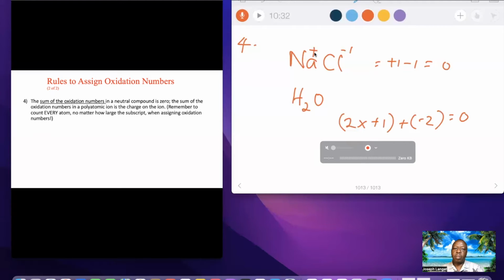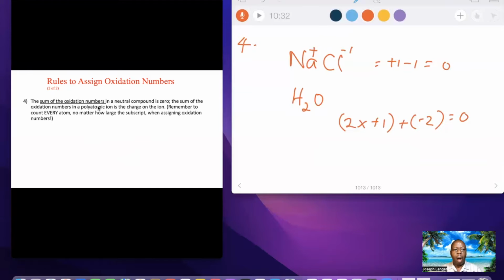These numbers are based on the group number on the periodic table. +1 for each hydrogen times 2, and then oxygen. Remember, oxygen is in group 6, with a charge of -2. Therefore, we equate to 0 for a neutral compound.